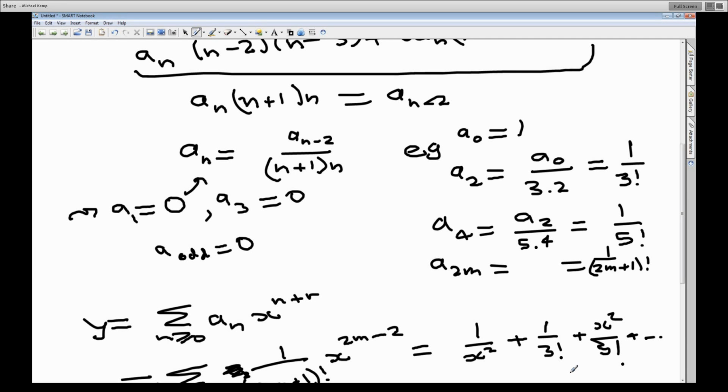And so the corresponding assignment question here, I'm pretty sure, just says work out the first few ones. The exact marking scheme says find the first 4 non-zero terms. That's how it says it. So that's how I'm marking it. So I'm only expecting you to work out the terms.